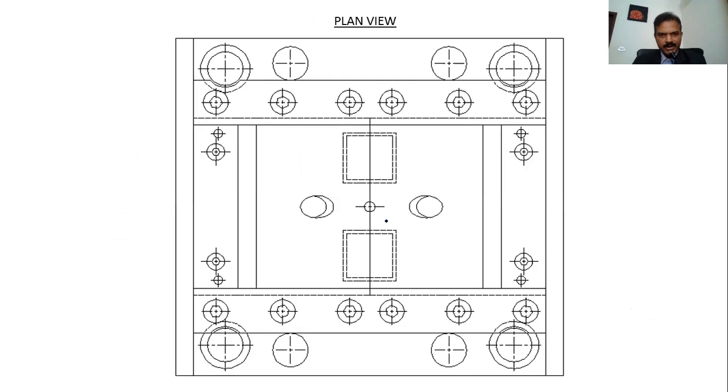And this is how the top plan view will look. So what you see here is, this line here is the parting line. This is slide number 1, and it's meeting each other here. This is slide number 2, right? And these two lines here are also important.